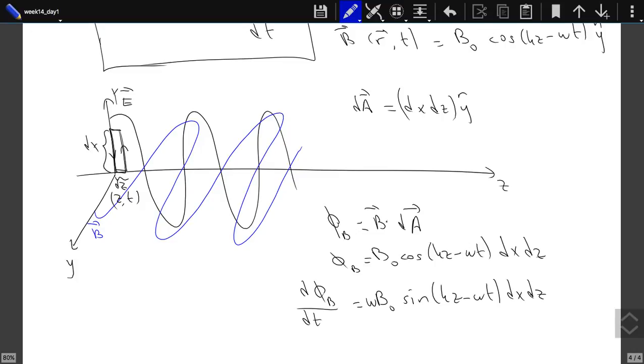No, this is the magnetic field lines. At this point, all the magnetic field is in that direction. As you go up, you are changing the x-coordinate, and the magnetic field doesn't depend on the x-coordinate. So you have all these uniform magnetic field lines on this plane. There is a magnetic field line here, another one here, another one over there.